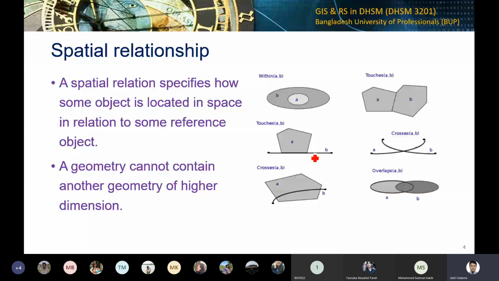However, the reverse is possible. That means a line can be within a polygon, or a point or multiple points can be within a polygon or within a line. That opposite is possible, but it's not reciprocal. So the opposite of the opposite is not possible.